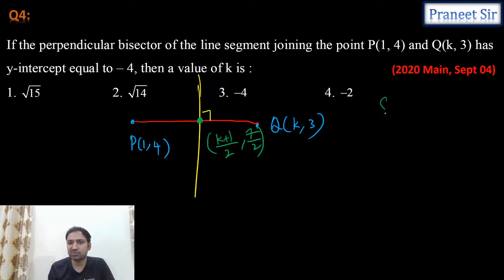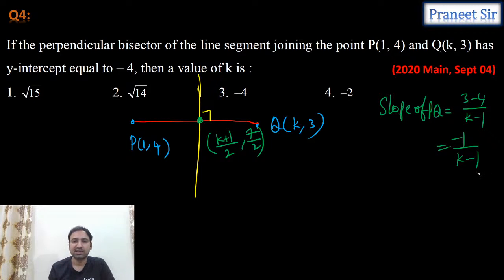So slope of PQ is what, guys? Slope of PQ, if I calculate y2 minus y1 by x2 minus x1, finally we are getting minus 1 by (k minus 1). Then what about the slope of the line which is perpendicular to PQ? Inverse slope only, right? Can I say that k minus 1 is the slope?